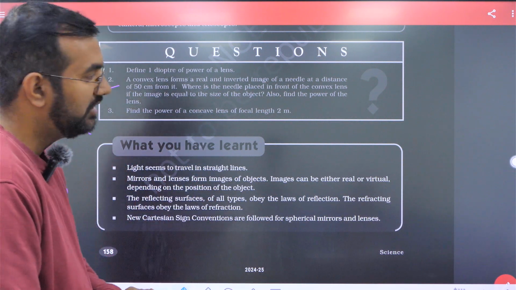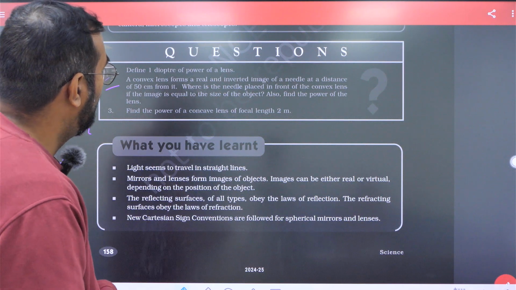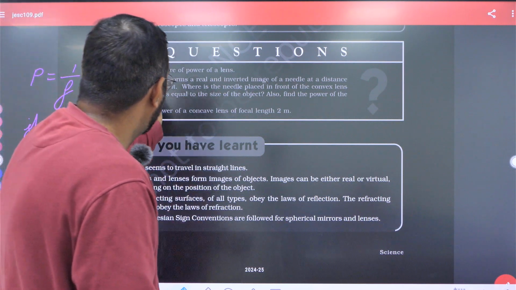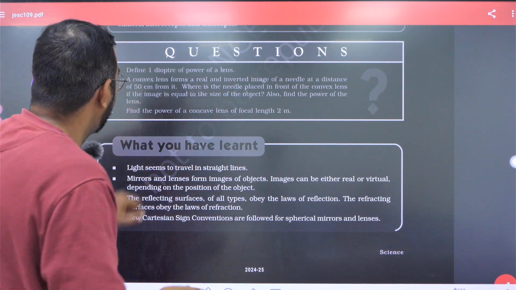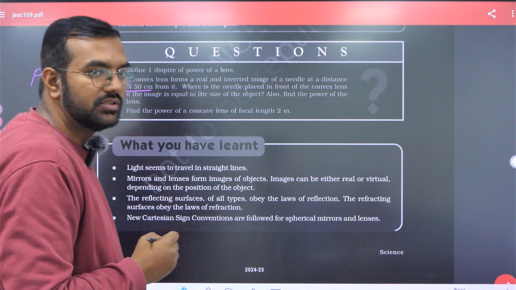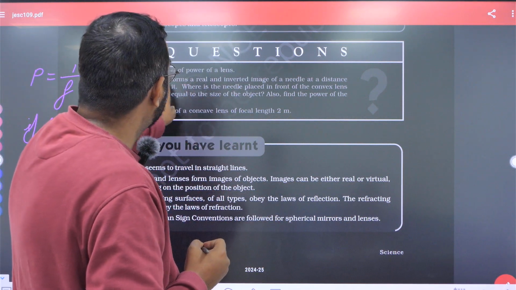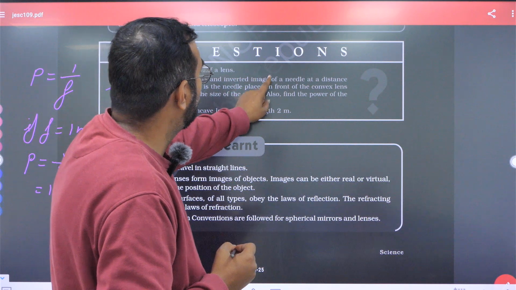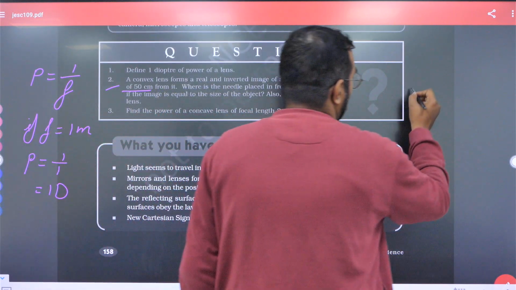It is already given that a convex lens forms a real and inverted image of a needle at a distance of 50 cm from it. Whose distance is 50 centimeter? It is V.